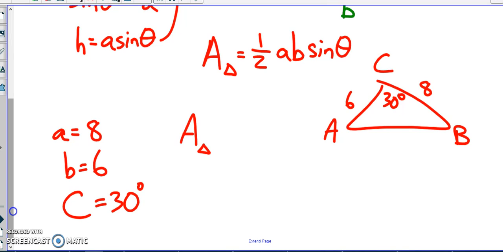So the thing to notice is that you have two sides and the angle that comes between them. You can use this formula right here to get it.